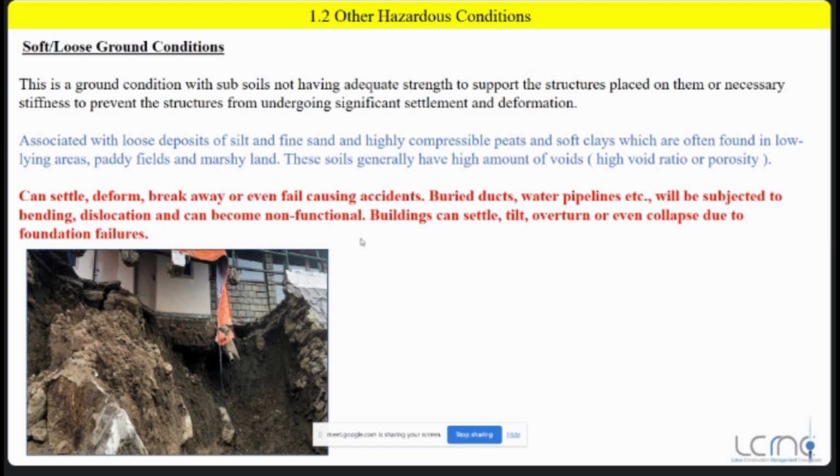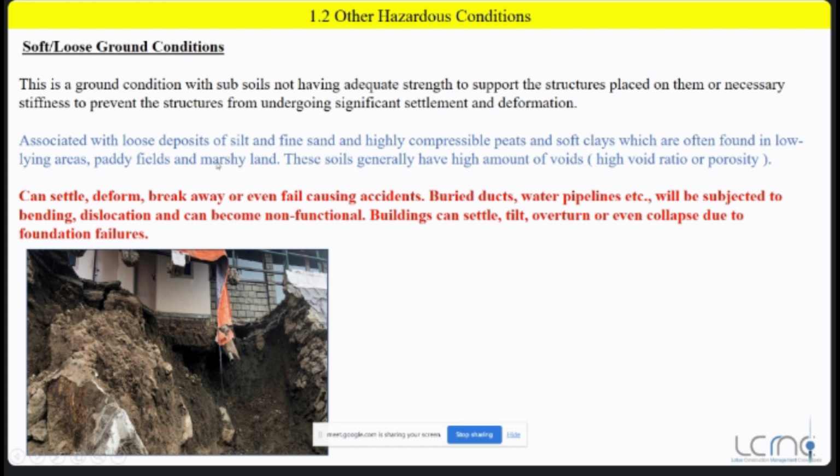you have so many practical experiences regarding other hazardous conditions, not the natural hazards, like ground condition. Normally we call these soft and loose ground conditions. As you can see in this image, you can understand what this is all about. This is about the ground conditions and the subsoil profiles. Depending on the soil profile, there will be many impacts for the structure on top of it.